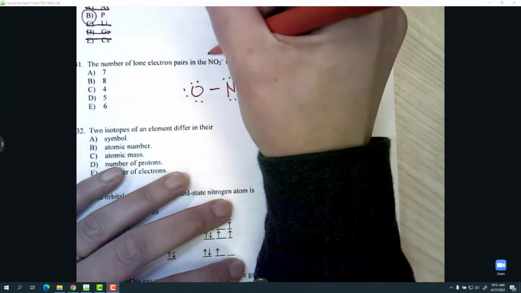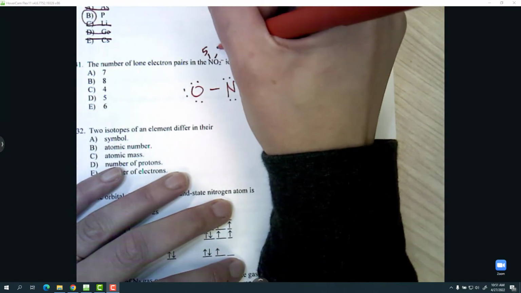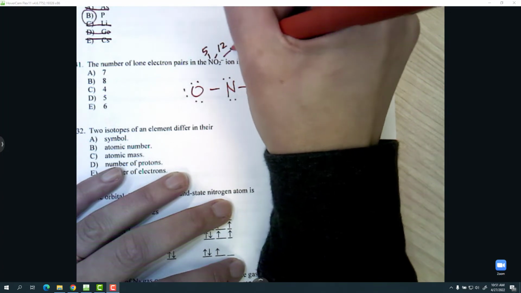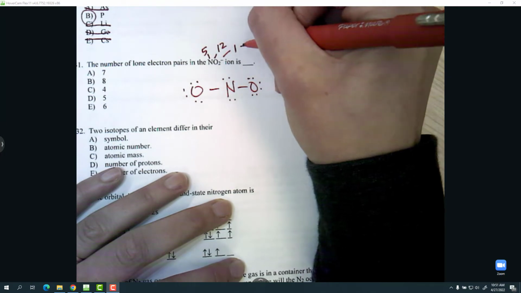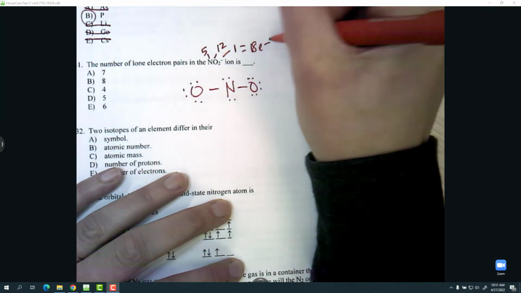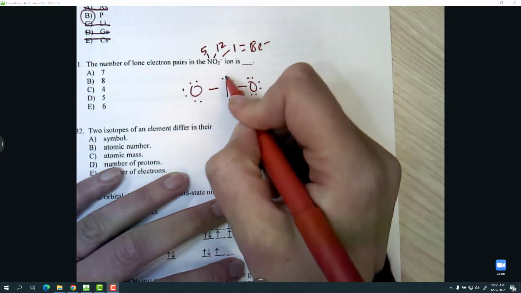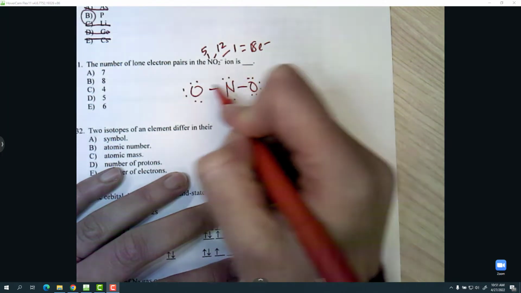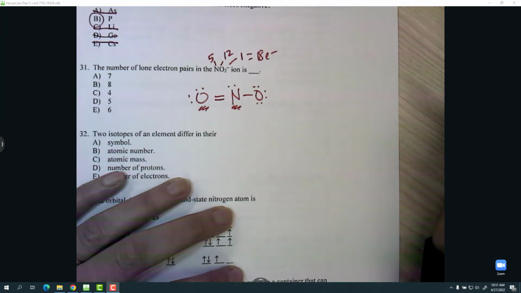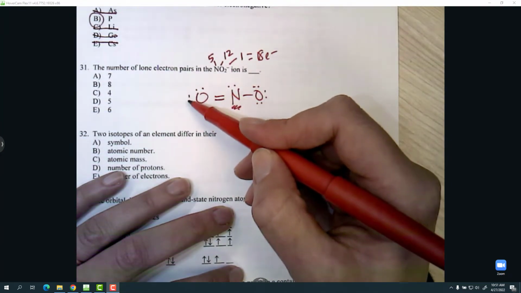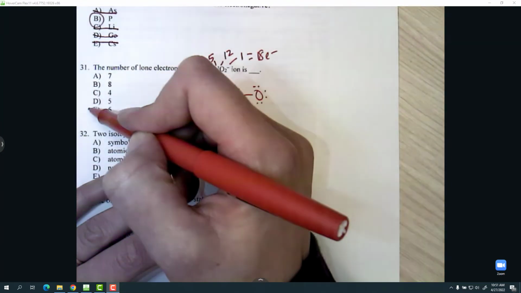Count up my electrons. 5 from nitrogen, 6 times 2 is 12 from oxygen, and 1 from the negative sign, so that would be a total of 18. I have 2, 4, 6, 8, 10, 12, 14, 16, 18, 20, so I need to put in 1 double bond, which leaves me with 1, 2, 3, 4, 5, 6 lone pairs.